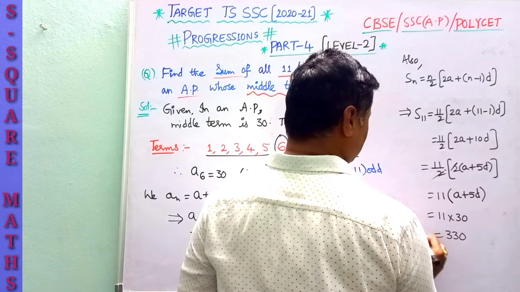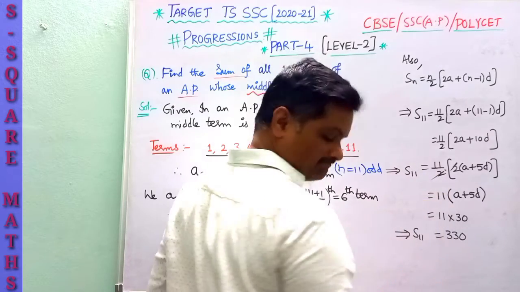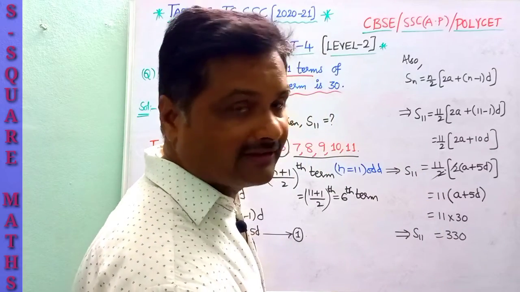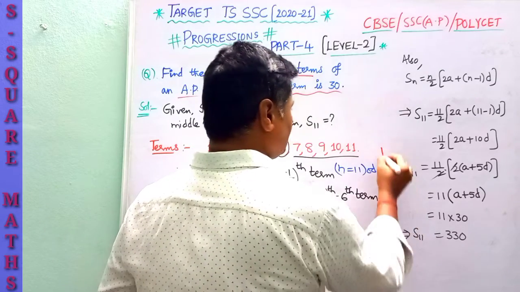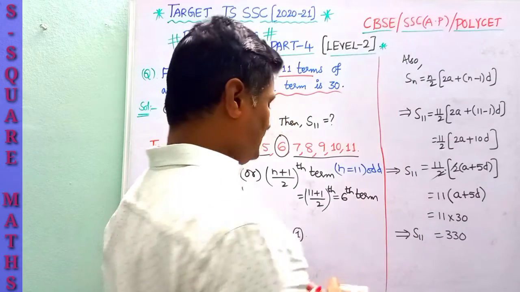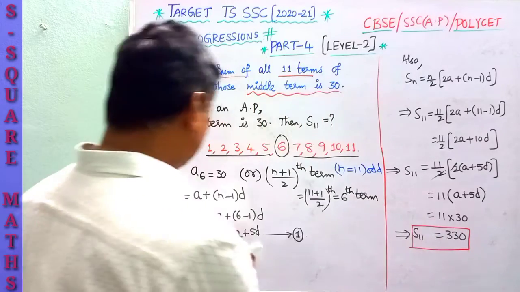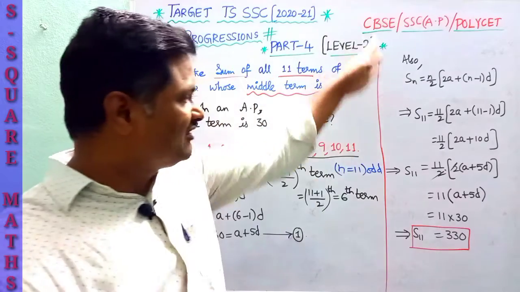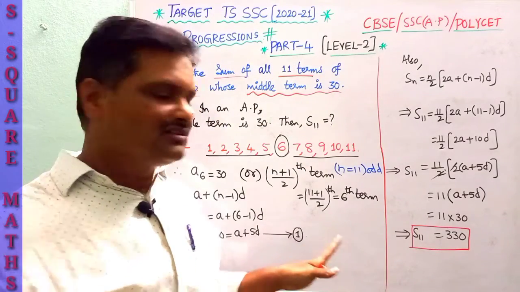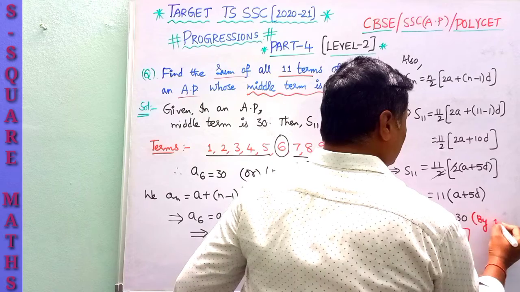So this implies S11 is 330. Therefore, without picking up the values of a and d, I have got the sum of 11 terms, by equation 1, the first equation.